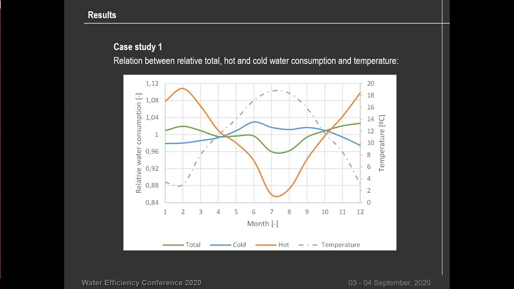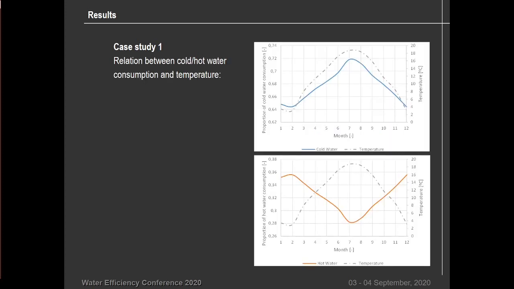The Pearson correlation between the temperature and the cold and hot water consumption was 0.93 and 0.97, considering that it was done for the average year represented in the figure.